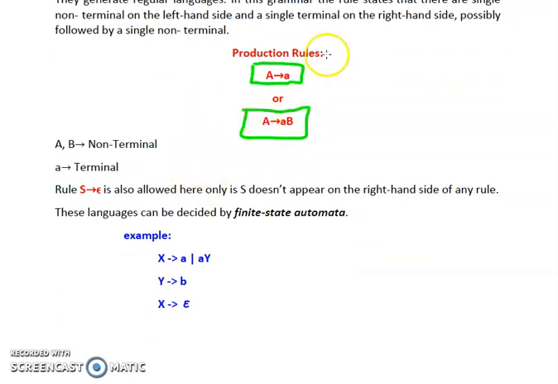Now over here we can see that A and B are our non-terminals. So as they are represented using capital letters, we can identify that these two are our non-terminals and small a is our terminal.